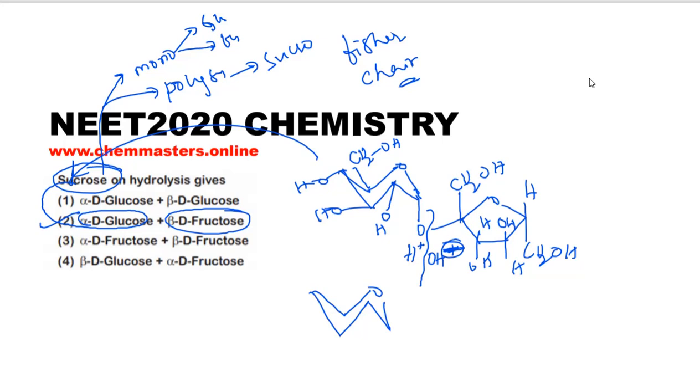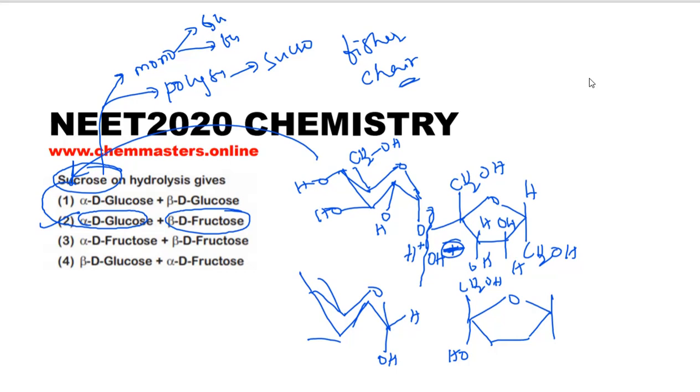I'm just drawing the substituent which is broken in hydrolysis. So that's why here we can draw OH. Just do the remaining substituents, or just draw on the given chair conformation. Now this is fructose. So here CH2OH and here is the OH.